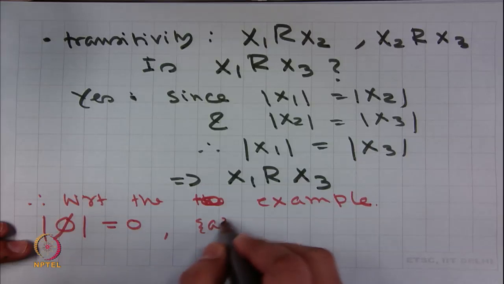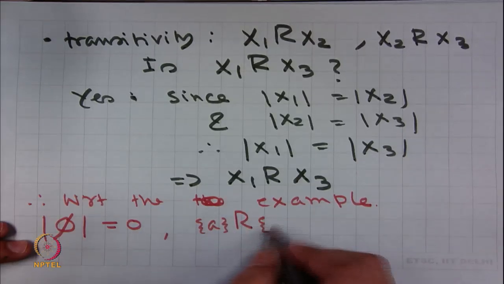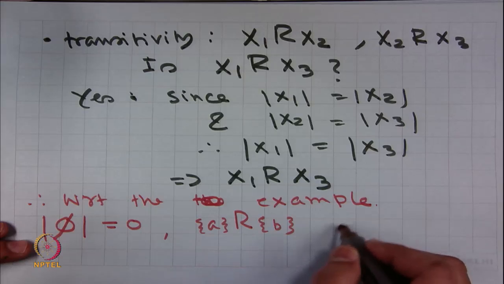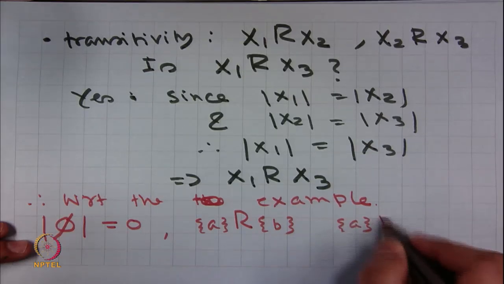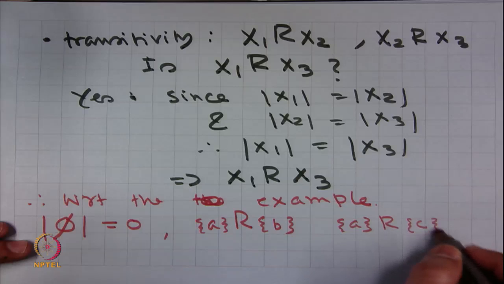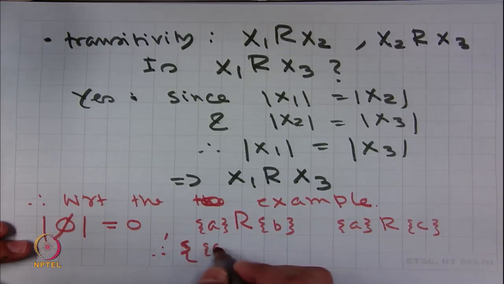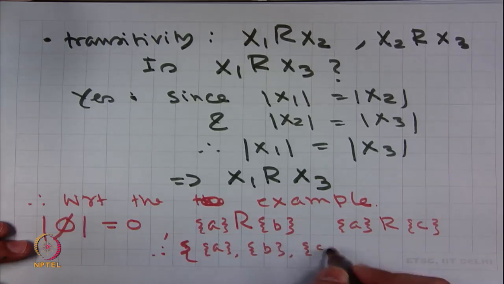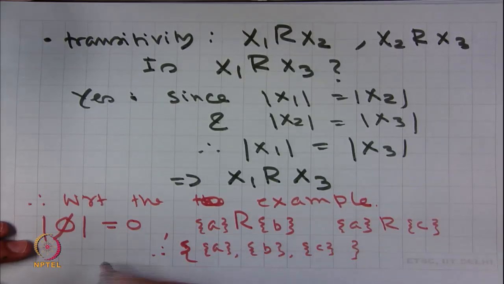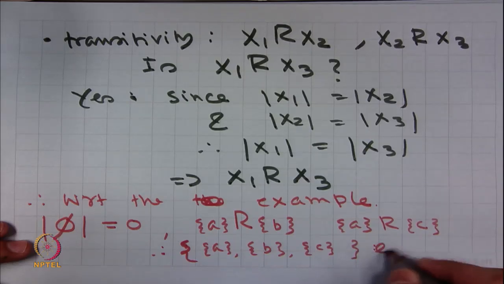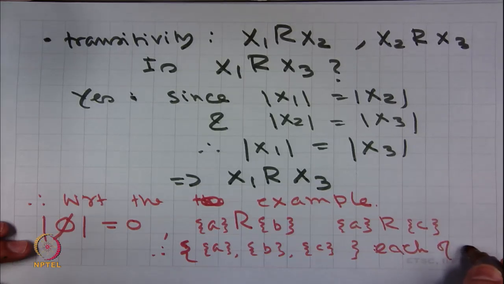Singleton a is related to singleton b, singleton a is related to singleton c, and therefore, one class comprises the three sets {a}, {b} and {c}, because each has cardinality 1.